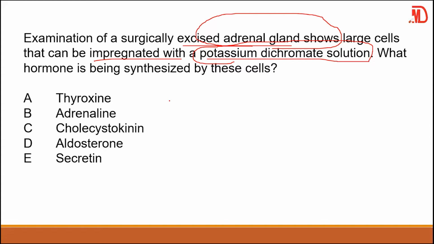And of course, they will be producing adrenaline and noradrenaline, or epinephrine and norepinephrine, isn't it? So over here, your answer should be adrenaline. So B should be your answer.